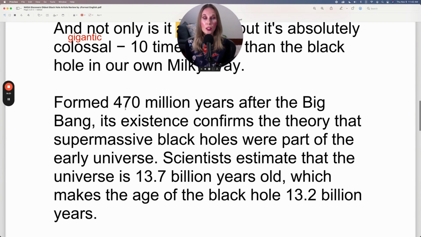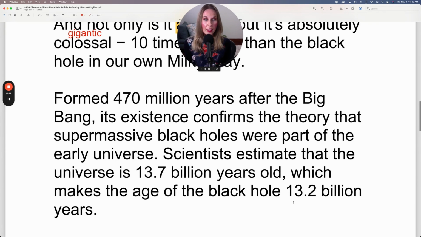Formed 470 million years after the Big Bang, its existence confirms the theory that supermassive black holes were part of the early universe. Scientists estimate that the universe is 13.7 billion years old, which makes the age of the black hole 13.2 billion years.